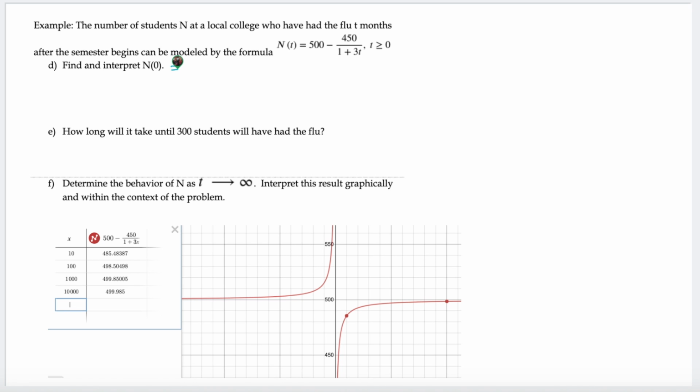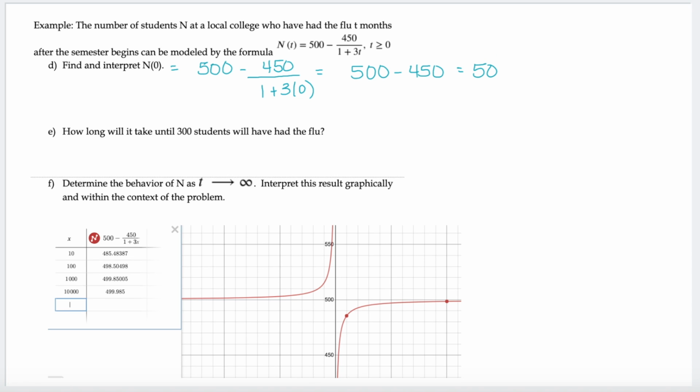So N of 0 would be 500 minus 450 over 1 plus 3 times 0, or 500 minus 450 divided by 1, and 1 plus 0 is still 1, so 450 divided by 1 is still 450.